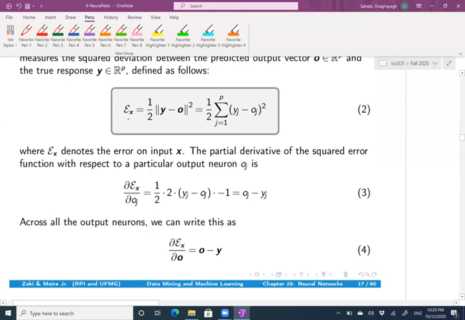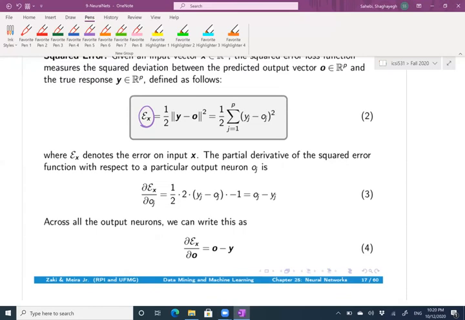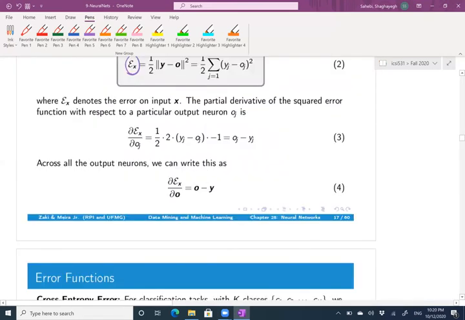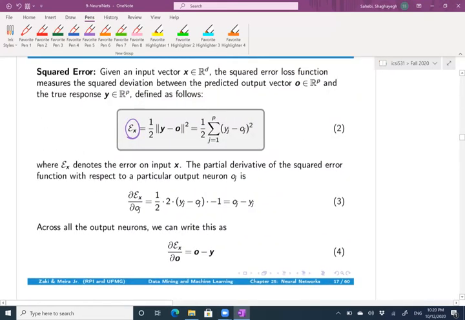So epsilon, or the error, is going to be the error on each of our inputs. So for example, if we have multiple inputs and multiple outputs, then we can sum over all the outputs for each of our data points, right? And that is going to be the error on our input X.